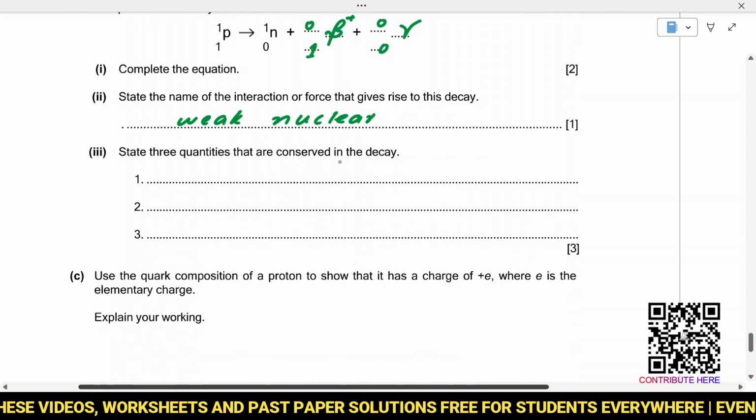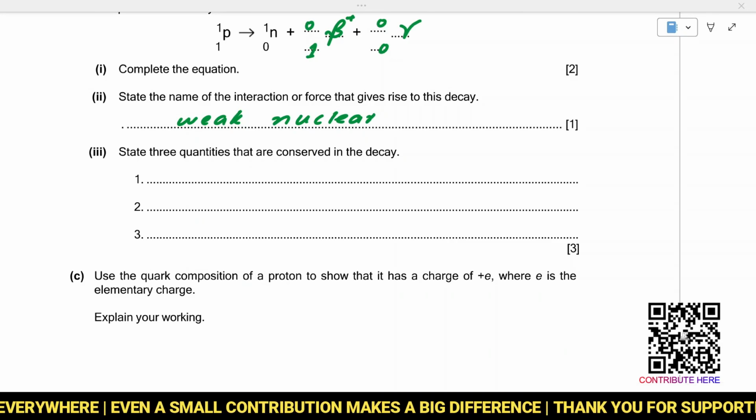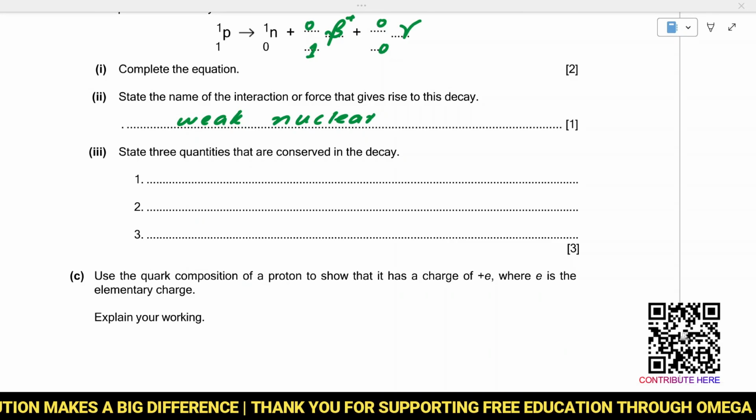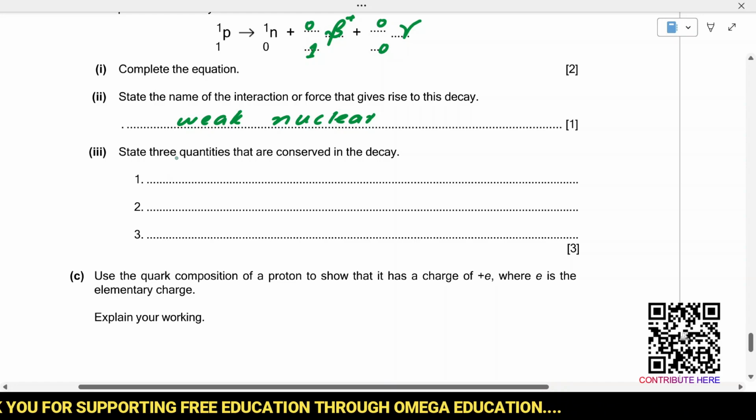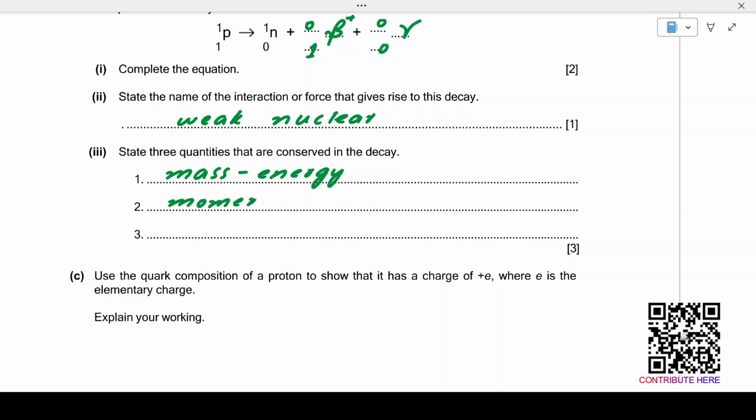State three quantities that are conserved in the decay. One of them is momentum, one of them is mass energy. You don't say energy because we studied a topic which we call mass energy conversion. So energy can be converted into mass and mass can be converted into energy. So mass energy remains conserved. Mass energy, momentum, and you can say, for example, the lepton number, the charge, or the proton number, or the nucleon number.